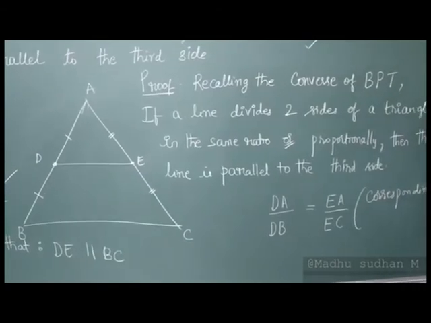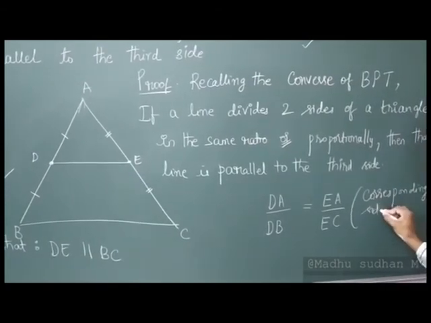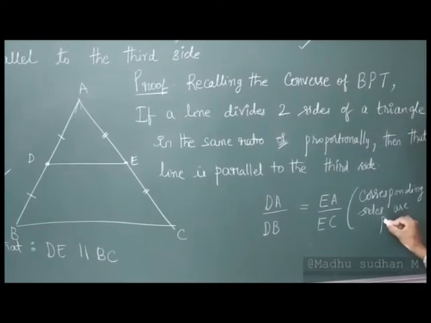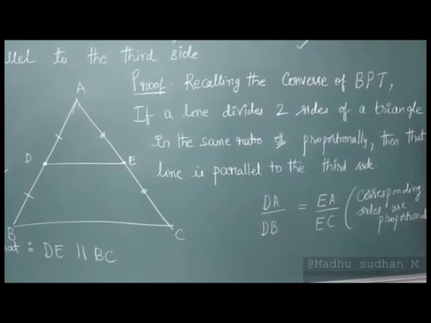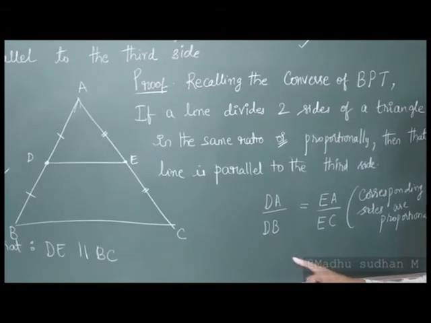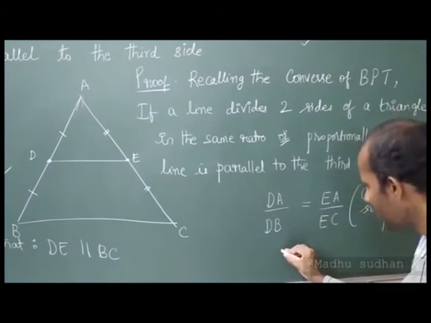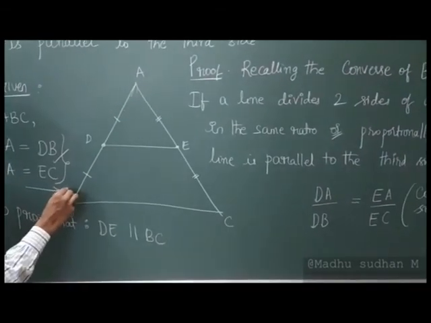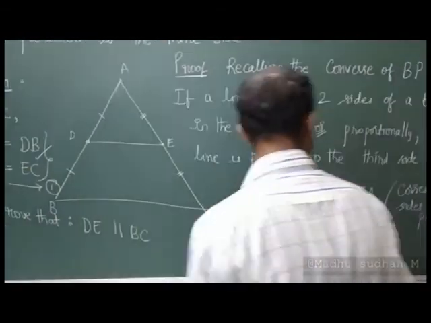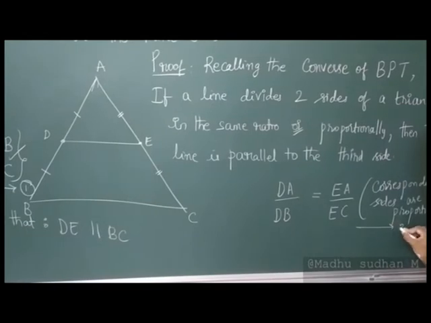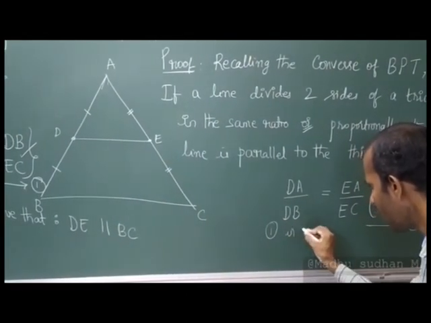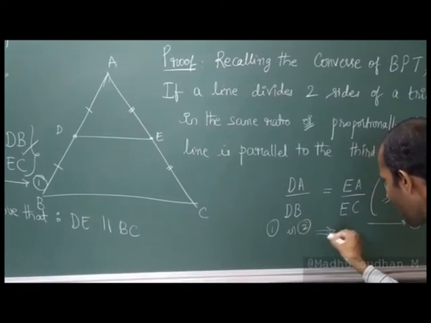The corresponding sides are proportional. And again, DA is equal to DB, so let me call this equation number 1, and this equation number 2. So what does it imply here?